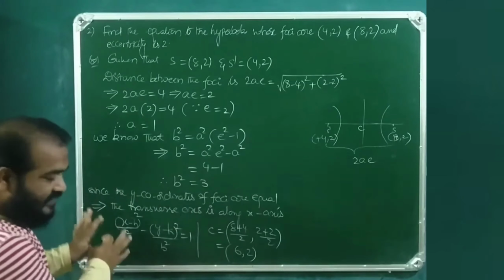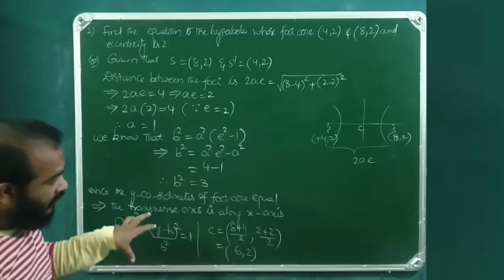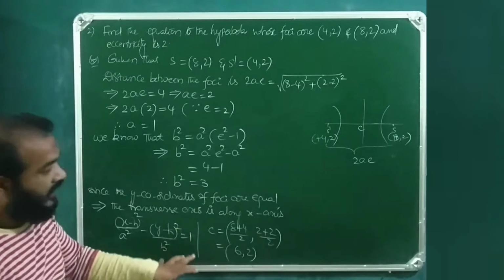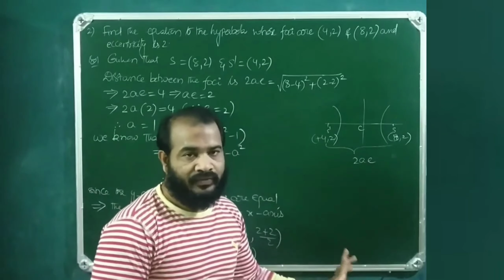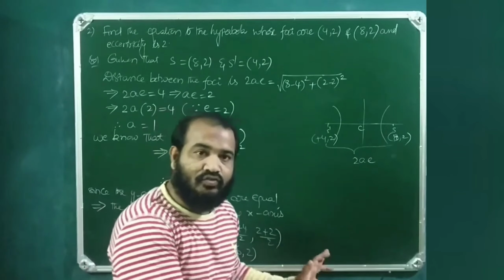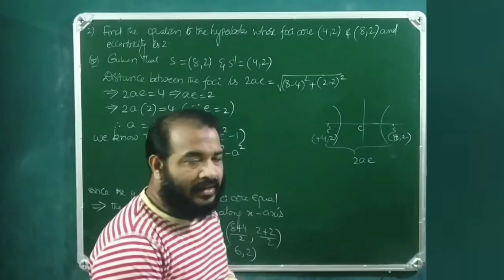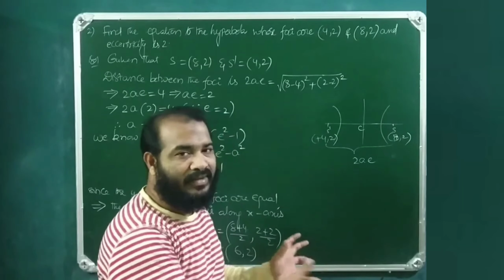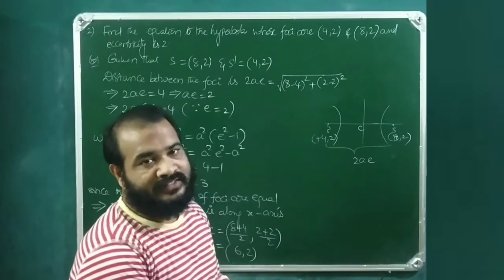For your understanding only, first I had written something which is not related to this, and later I derived it. Since the center is not at the origin, it is not x square by a square minus y square by b square equals 1, but x minus h whole square by a square minus y minus k whole square by b square equals 1 instead.